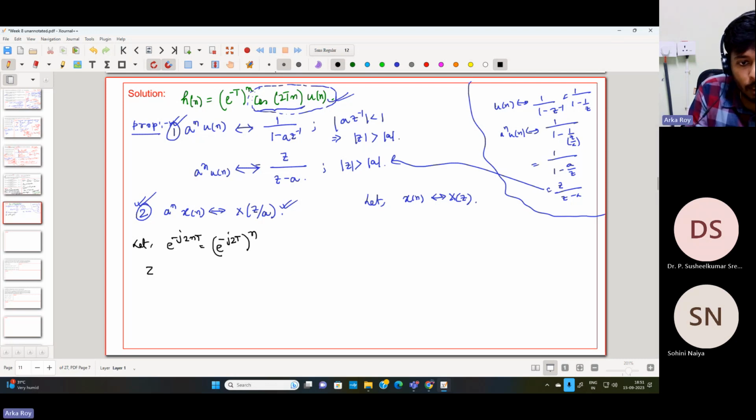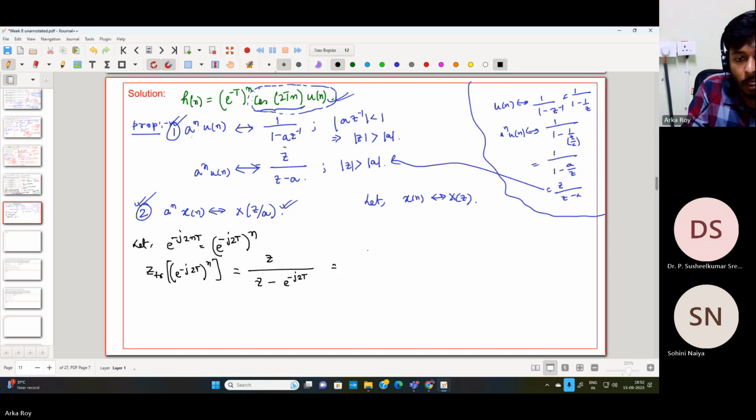Now let me take the z transform of this. A to the power n multiplied with nothing means we can consider there is multiplication of u[n], so I can use this form. So it would be z divided by z minus e to the power minus j 2t.